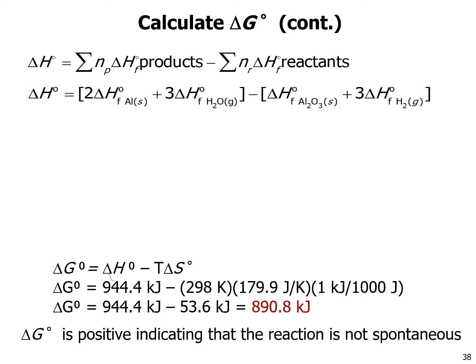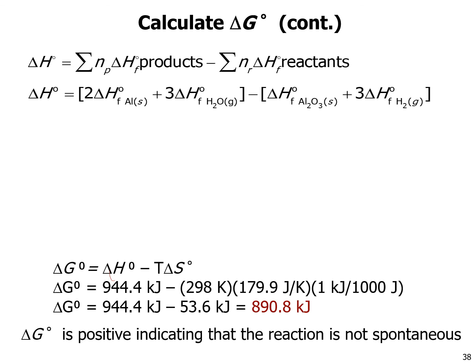So based on our reaction, we have 2 moles of aluminum, so 2 times ΔH°f of aluminum, plus 3 moles of water, so 3 times ΔH°f of water. Sum that up, minus the reactants, which is 1 mole of Al2O3, so 1 times ΔH°f for Al2O3, plus 3 moles of hydrogen, so 3 times ΔH°f of hydrogen.